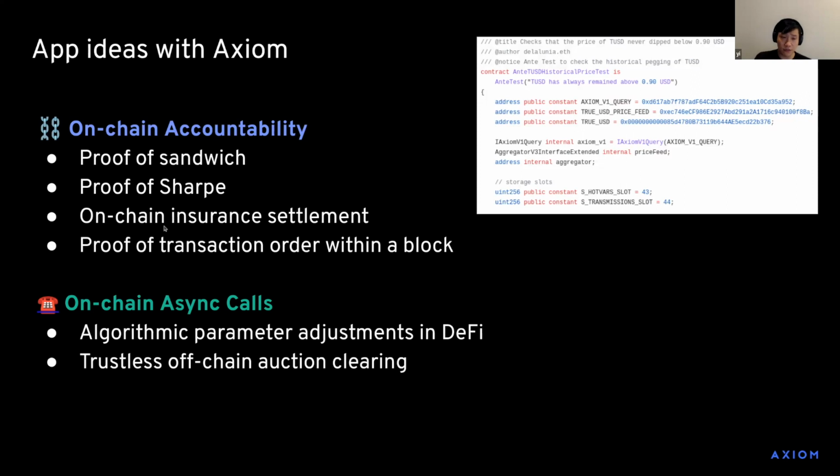So this is actually the first use case we had for Axiom. The problem here is that if you're creating an on-chain insurance protocol, let's say you're building a market around whether assets are greater than liabilities in the lending protocol. What you want to happen is that if assets ever dip below liabilities, then some money changes hands.